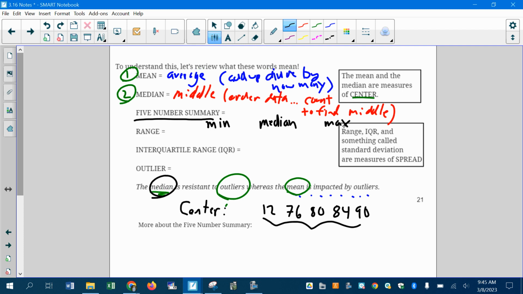And then in between the min and the median, there's another number called Q1. And in between the median and the max, there's another number called Q3. So together, these 5 things make up your 5-number summary. So you're going to be given a data set and asked to find the 5-number summary.